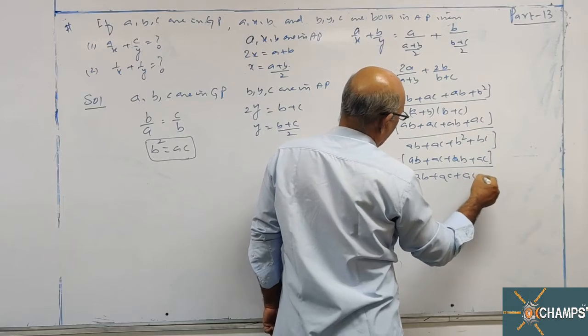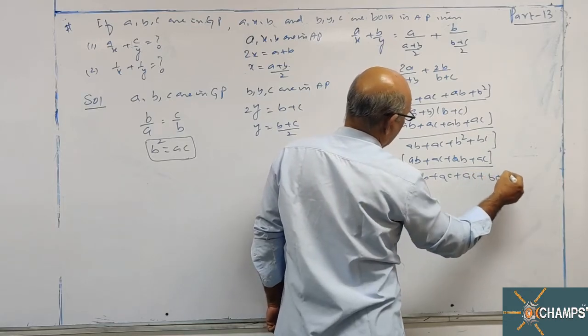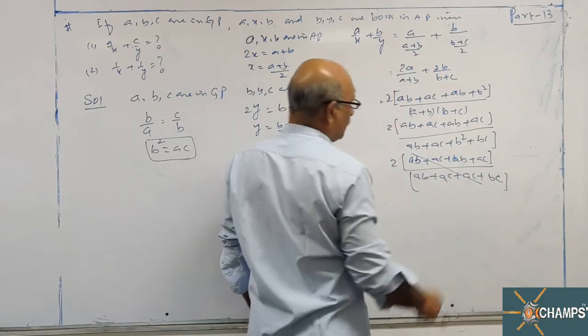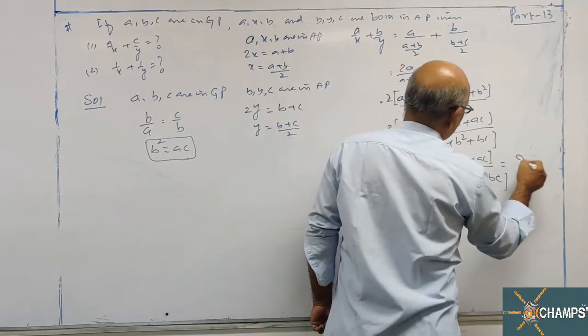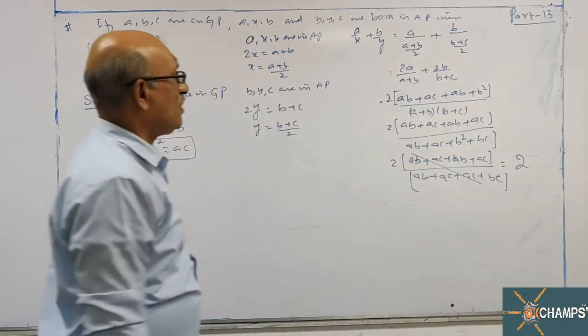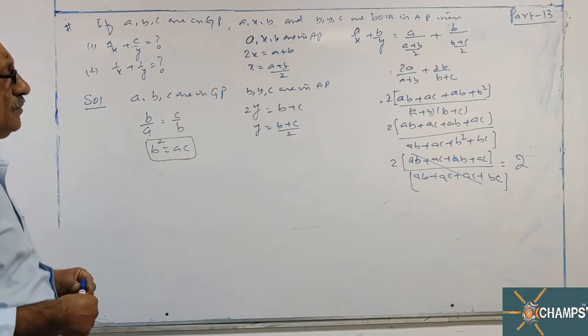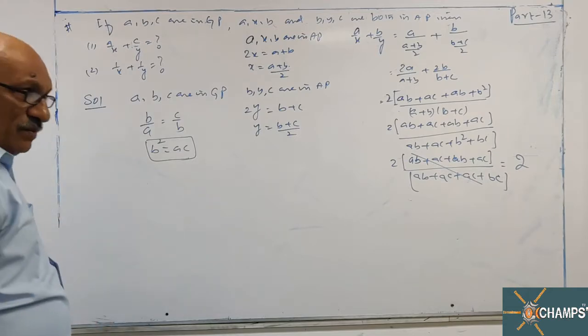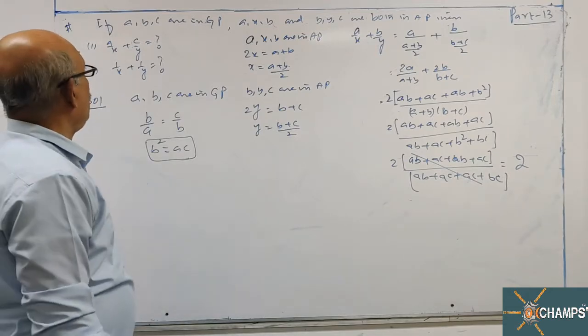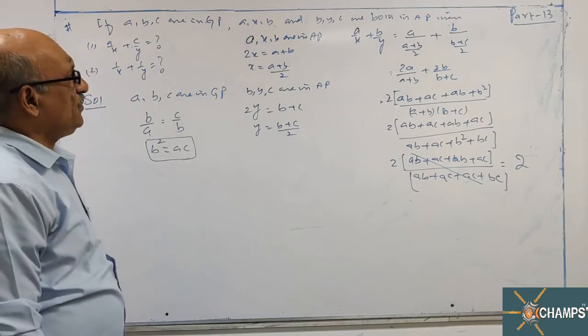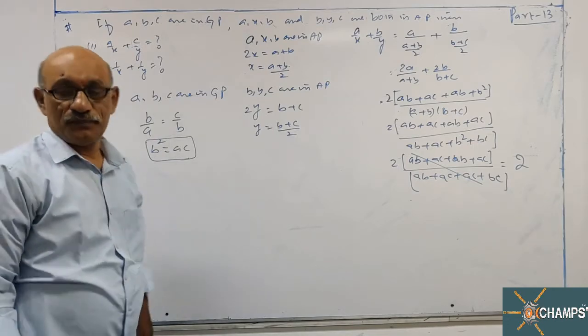Again B square can be replaced with AC, and BC. These two terms are same, cancel, leaving with 2. So what is the answer to the first question? A by X plus C by Y is equal to 2. This is the answer to the first question.